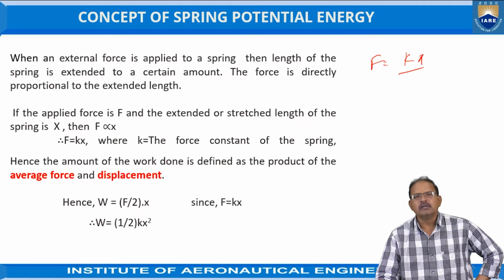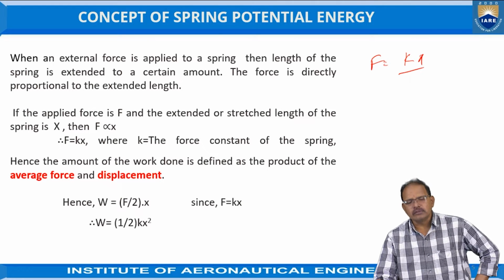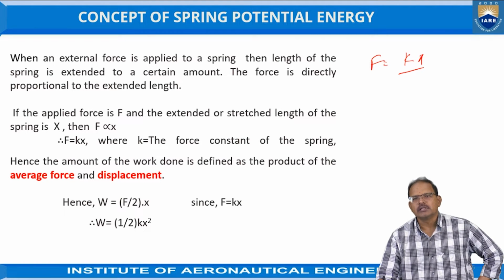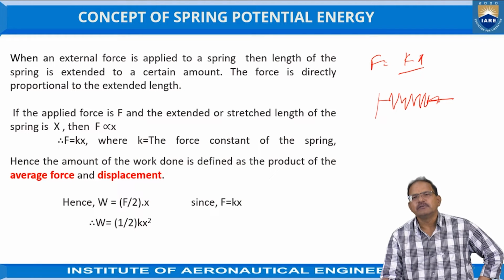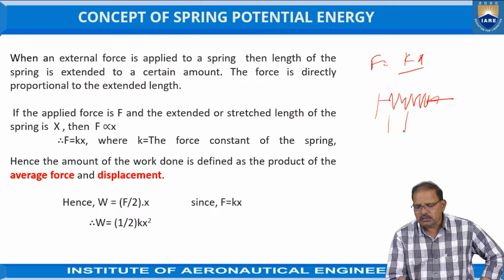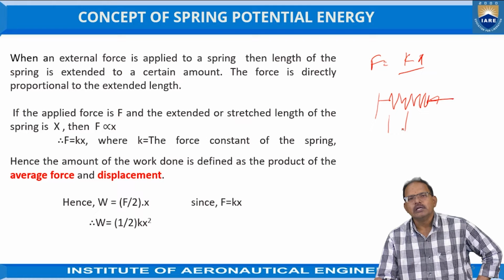Hence, the amount of work done is defined as the product of the average force and the displacement. Here, when the force is applied, it is larger at first, and afterwards it gradually decreases. Example: here the spring is there. When the force is applied to compress it, initially it is larger, and when it is compressed a certain length, it comes to the equilibrium position.